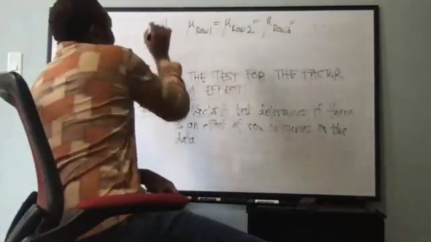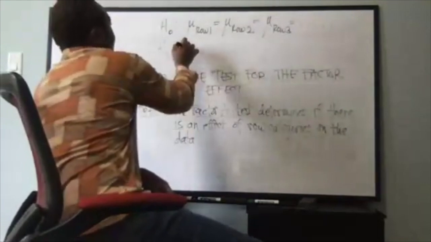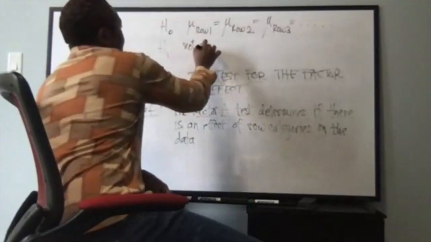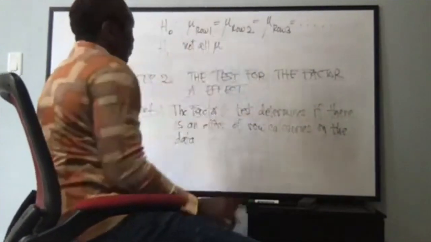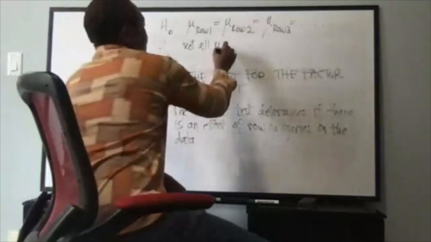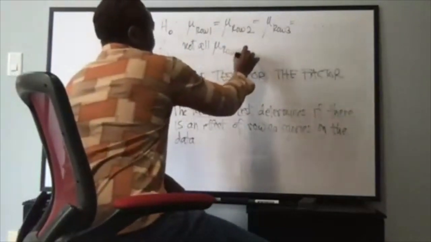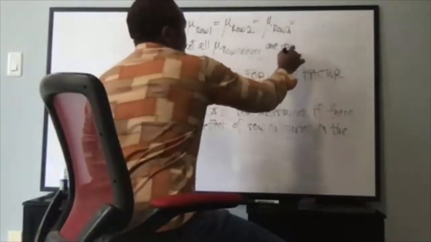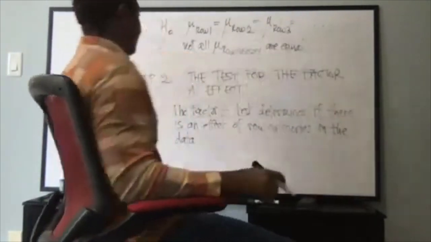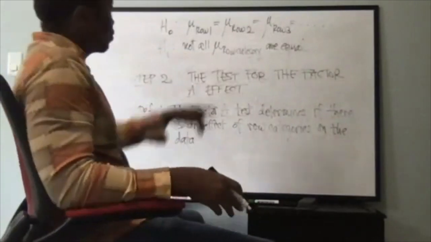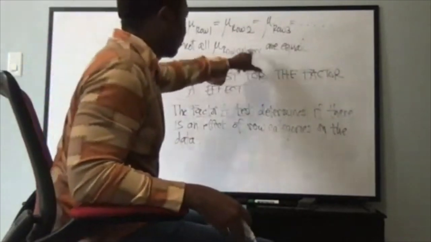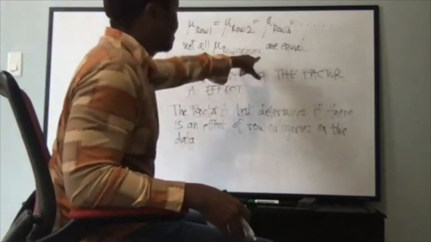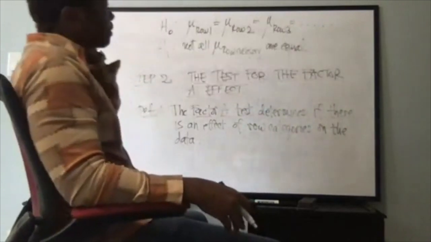And H sub 1 is going to simply say, not all mu row category, whatever this row category title is, are equal.